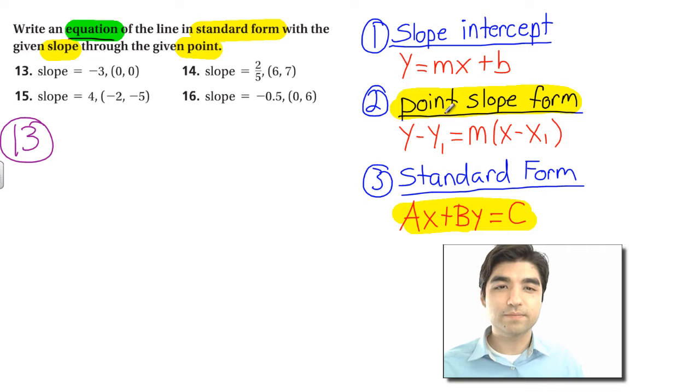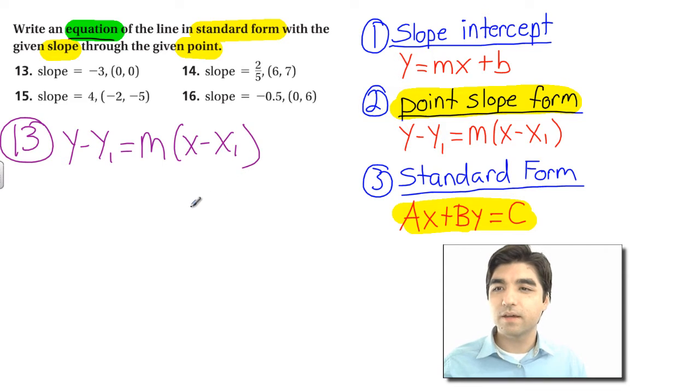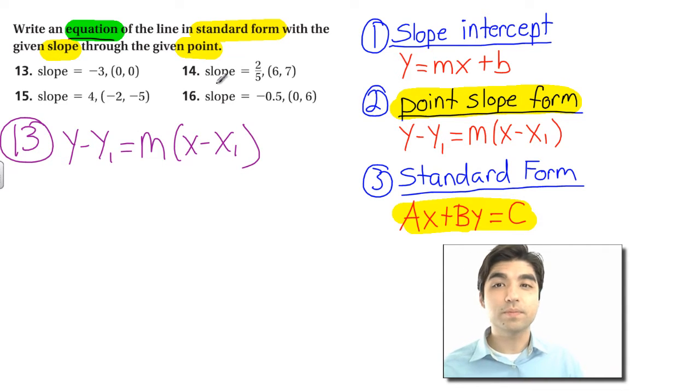So I'm going to start out with my point-slope form, and that is y minus y1 equals m times x minus x1. Okay, so the slope is going to go where the m is. Then we need to put our point into our equation too.